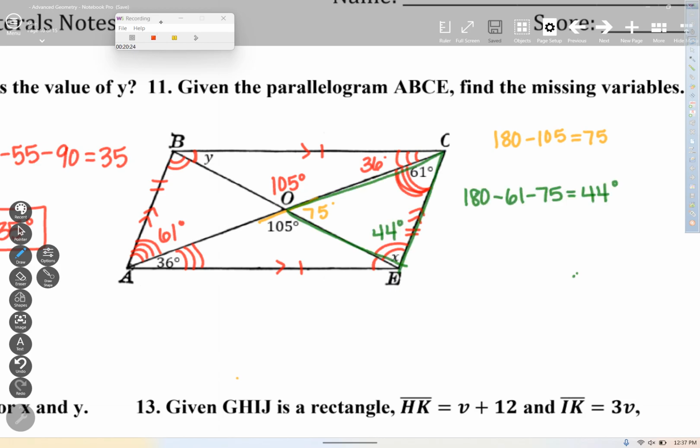Now y is inside a different triangle. Okay? Remember, triangles are always 180 degrees. So we're going to subtract 36 and 105, and we end up with 39 degrees. So our y value here is 39. So we're going to finish with x is 44 degrees and y is 39 degrees.